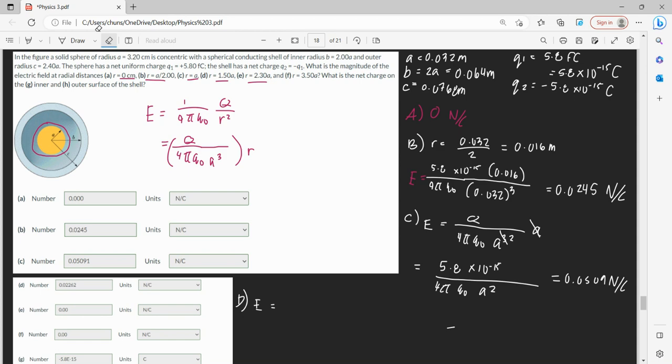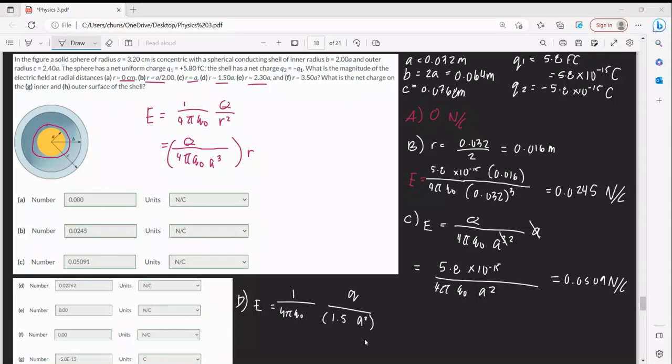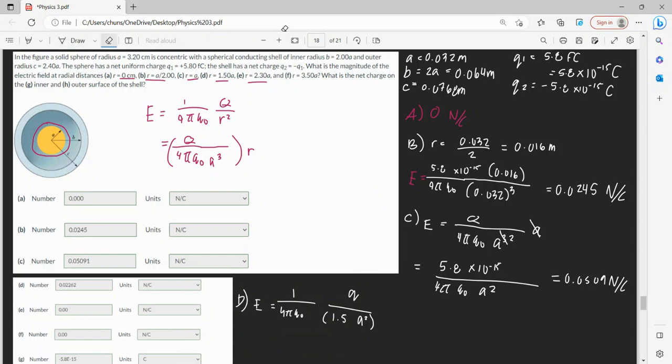So once we rearrange everything, this is going to look like Q over A squared, 1.5 A, then this is all squared. So I have to multiply those together first.